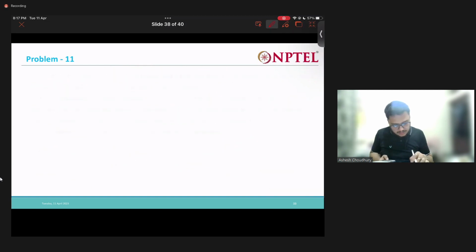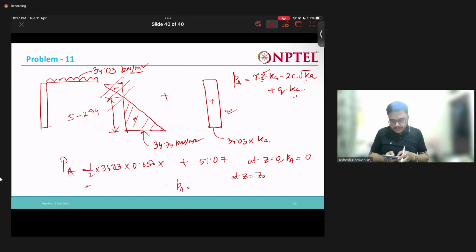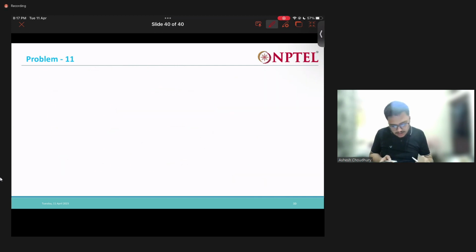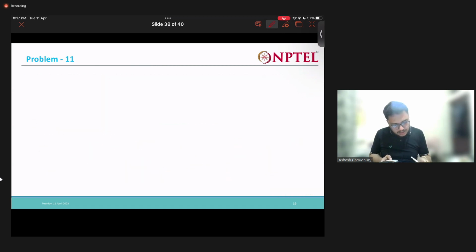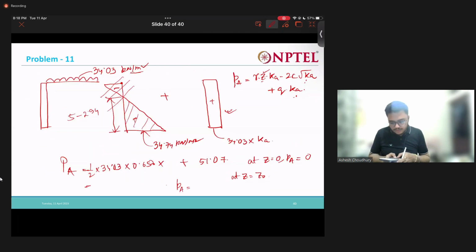So 18 into 2.06 into K, which is 0.656, minus 2 into C, which is 24.29, minus 24.29, plus Q into K. 34.03 into K. What is K? 0.656.